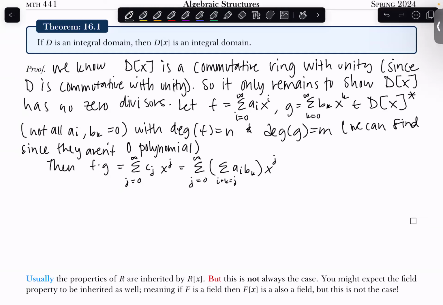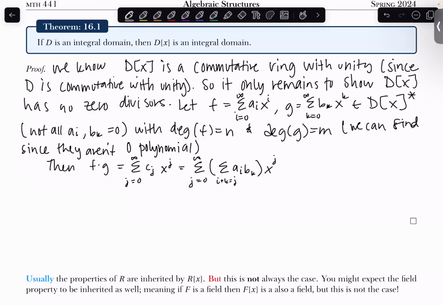Okay, so here we want to decide what is going to be the largest one, right? If I just think about writing them in this form, where I said f has degree n, so I know my leading term is a sub n x to the n. My degree of g is m, so I know I'll have b sub m x to the m. Then the largest power that I could possibly get is going to be n plus m.